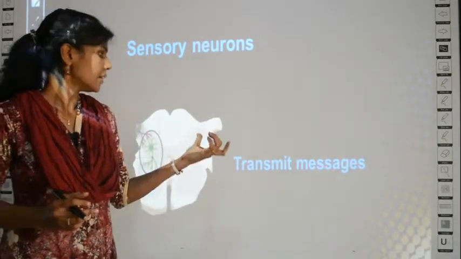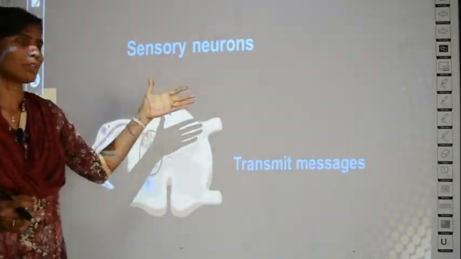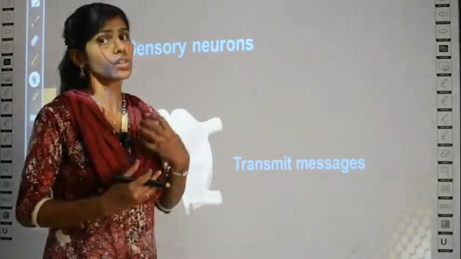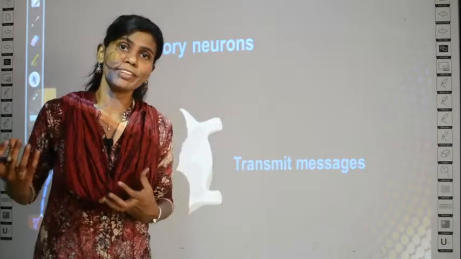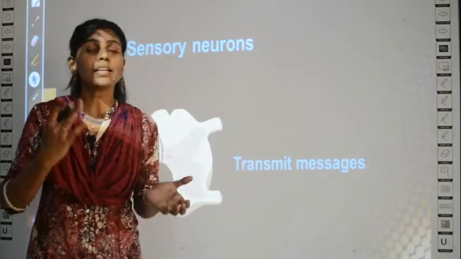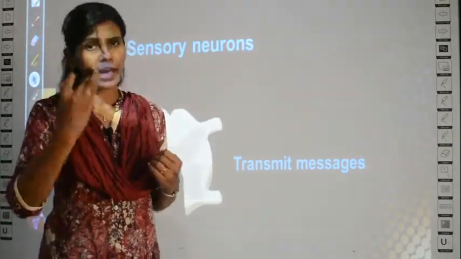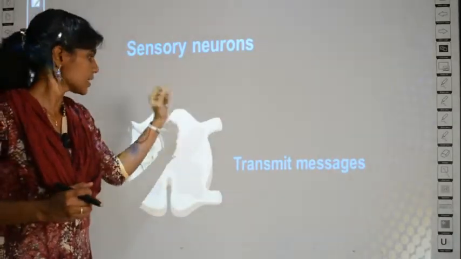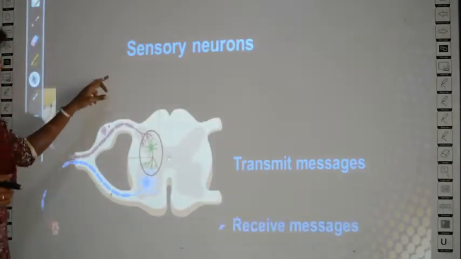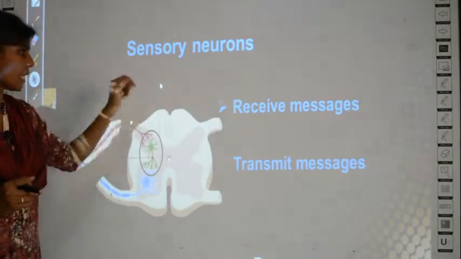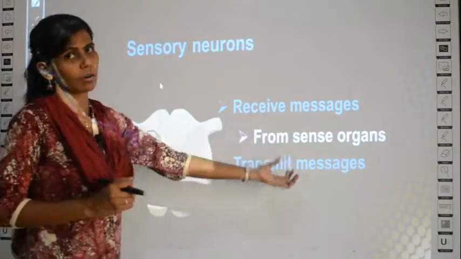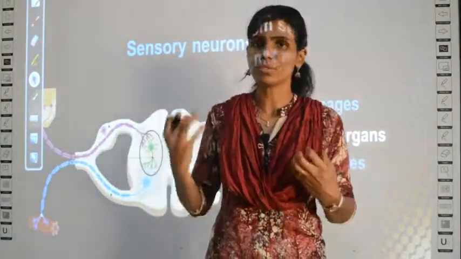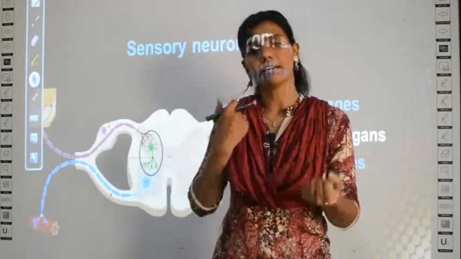Clear? Generally all the three types of neurons, the sensory neurons, motor neurons and interneurons, all of them carry messages, but the place from where to where they carry is going to be different. For example, the sensory neurons receive messages from sense organs. You have 5 sense organs, no? From any of those 5 sense organs, they carry the receptors.